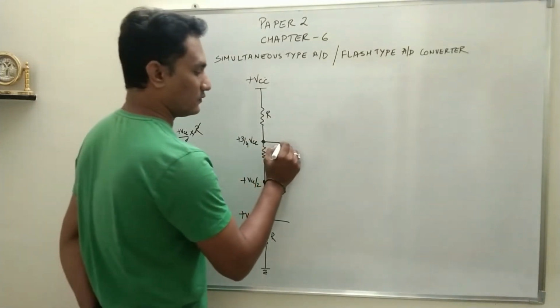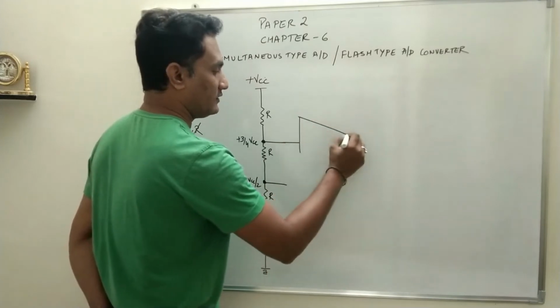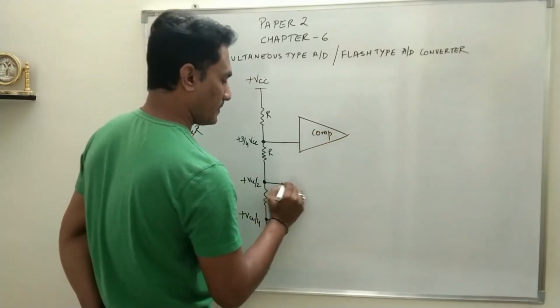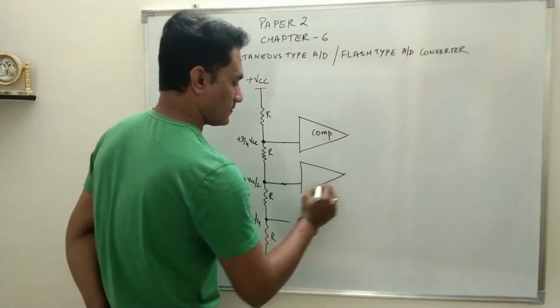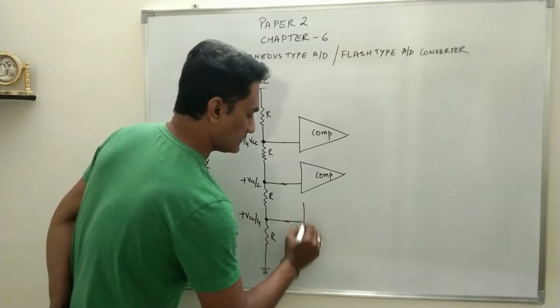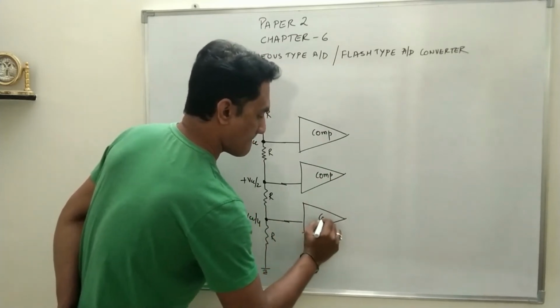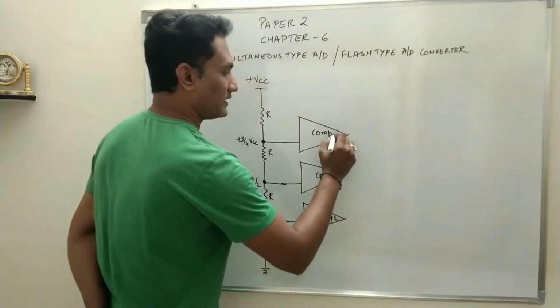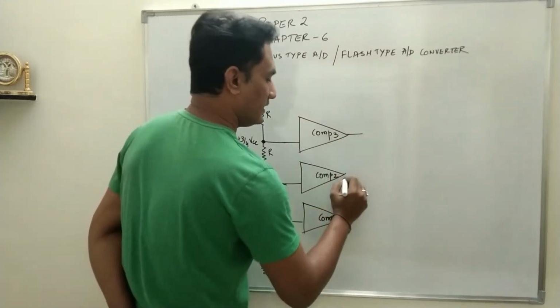This reference voltage is given to a comparator circuit. So this is comparator 1, this is comparator 2, this is comparator 3.